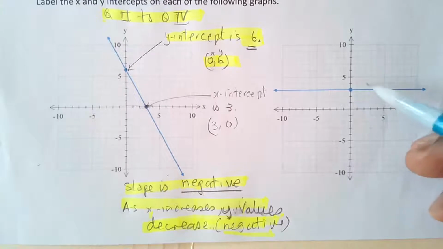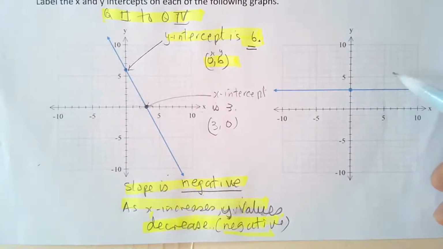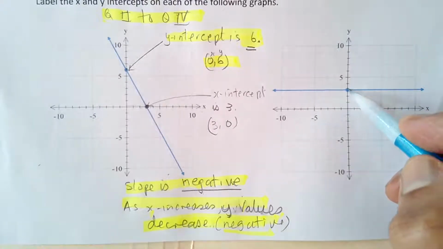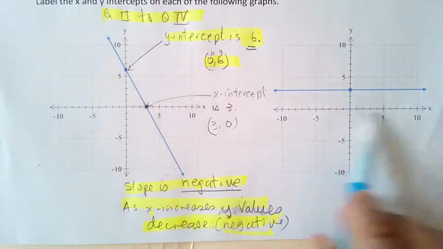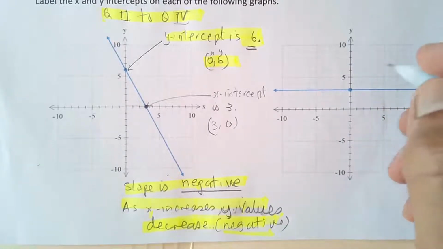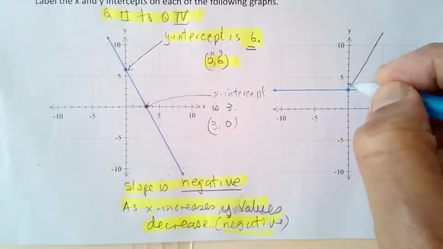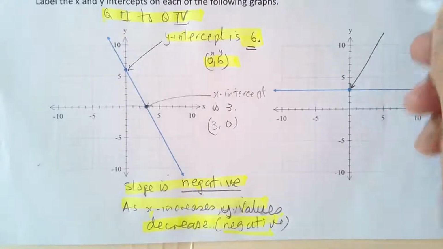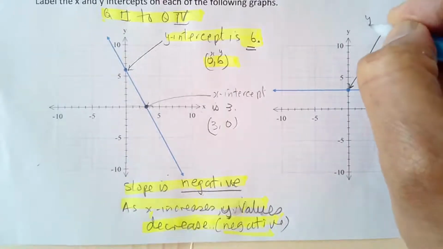Let's look at the next graph. This line is horizontal. Notice it's horizontal and there is no x-intercept here. But the y-intercept is 1, 2, 3. So the y-intercept is equal to 3.